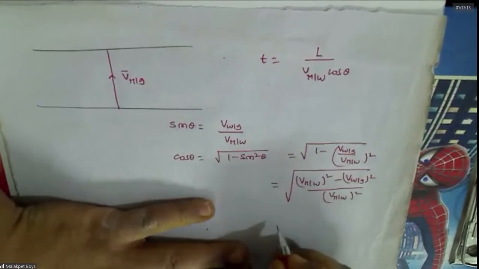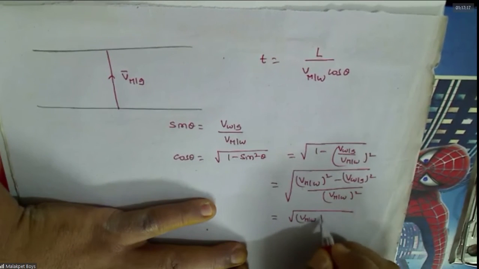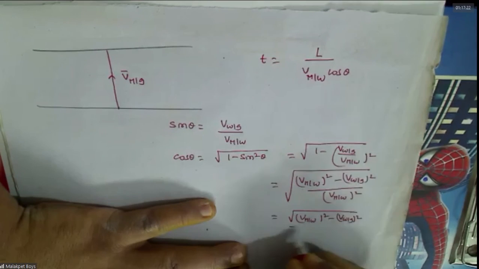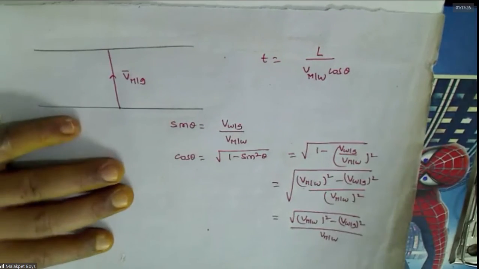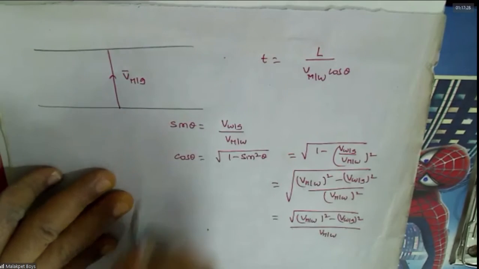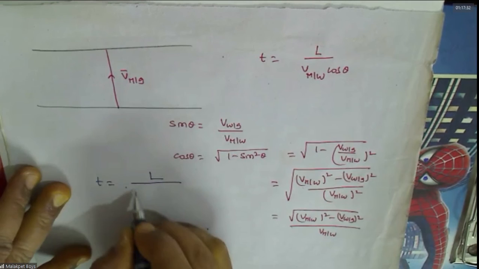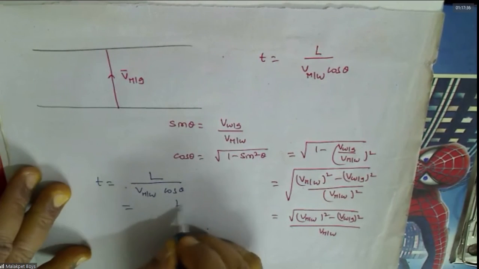So this is nothing but that. Agreed? So what is the time taken you get? L by V_MW cos theta. Substitute this cos theta.